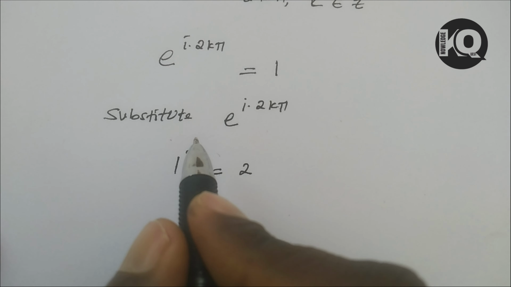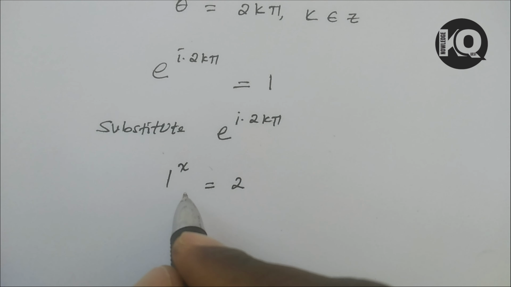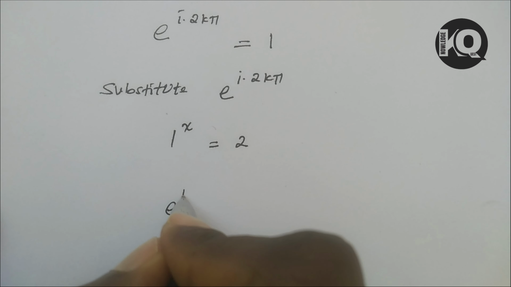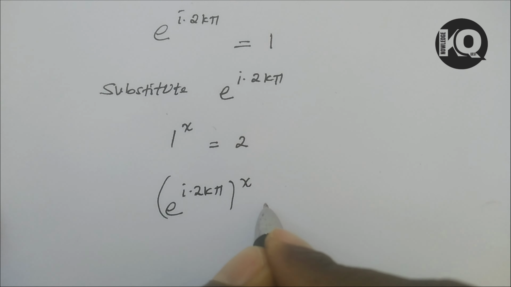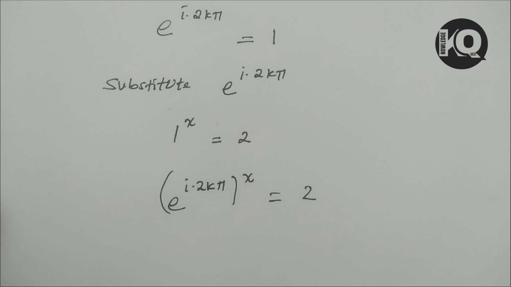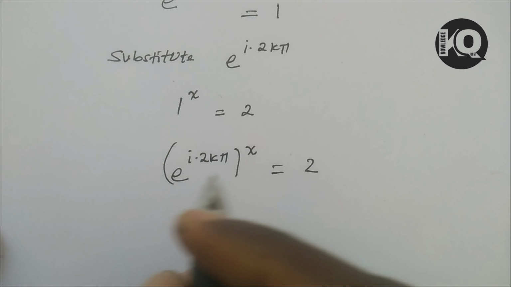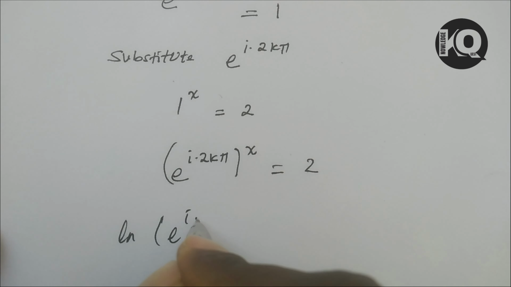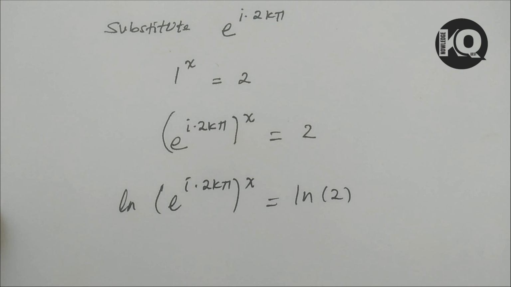So 1 will be e to the power of i times 2k pi, to the power of x, is equal to 2. Introducing a natural logarithm on both sides, that's ln of e to the power of i times 2k pi, to the power of x, which is equal to ln of 2.